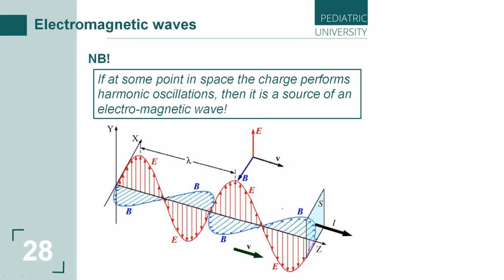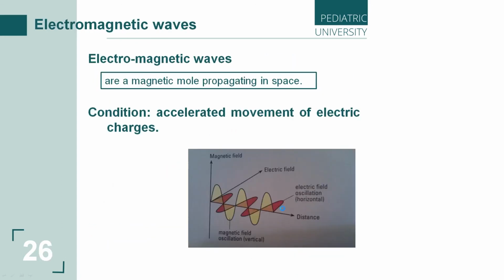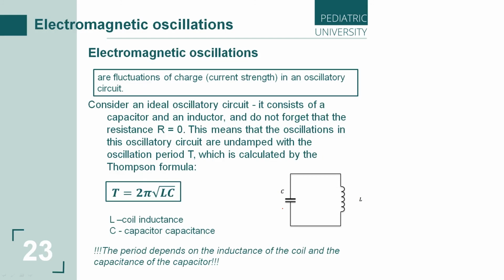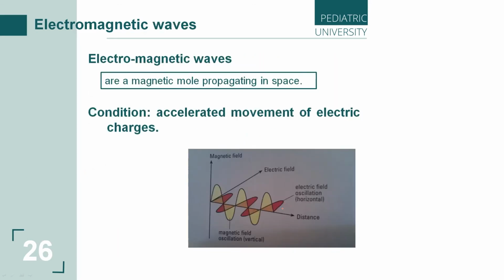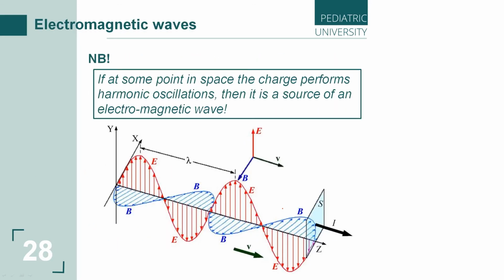But in bioacoustics we calculated the period as 1 over frequency. About electromagnetic waves, don't forget, we should use Thomson's formula. We must know the inductance of the coil and the capacity of the capacitor.